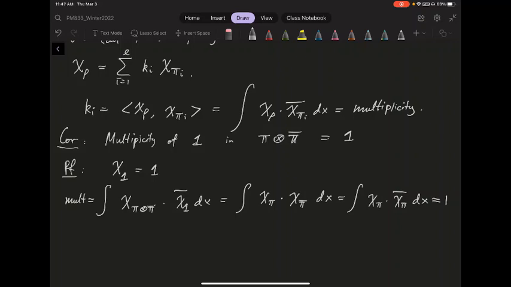Or basically all of these chi_pi are unit vectors in the L2 space. Okay, so the multiplicity becomes 1. Okay, so that's not something trivial just by looking at this tensor product, but it turns out that using these character functions, you can really compute some of these multiplicities very easily.